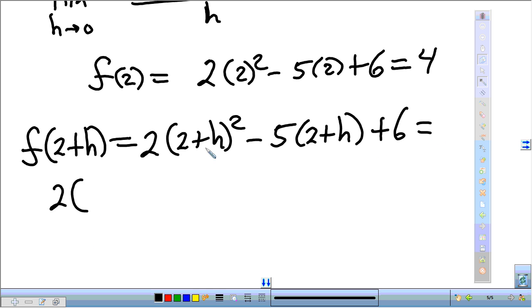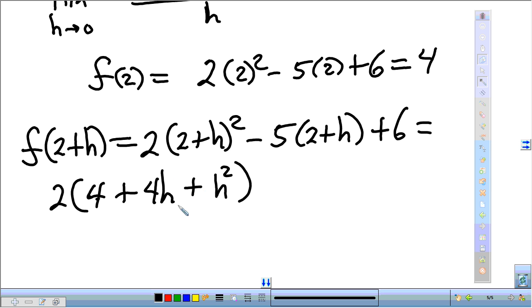So, expanding and collecting like terms, we will take 2 plus h. This square is actually, we'll end up with 3 terms. So we get 2 times 2, we get h times h, but we also have the multiplications 2 times h and h times 2.